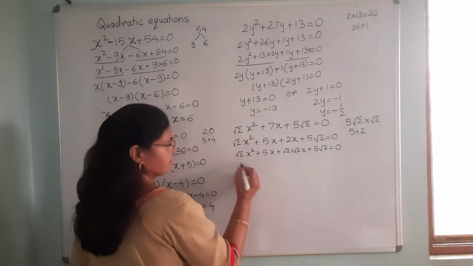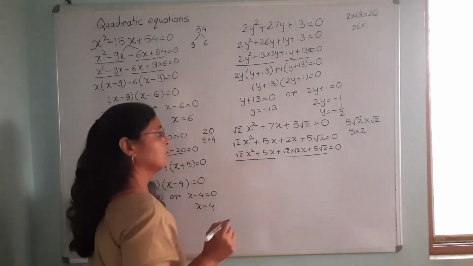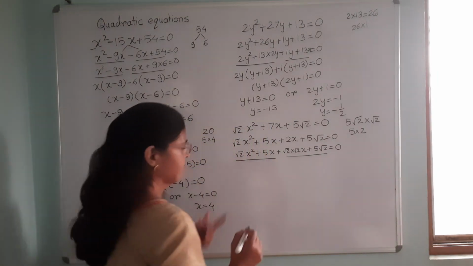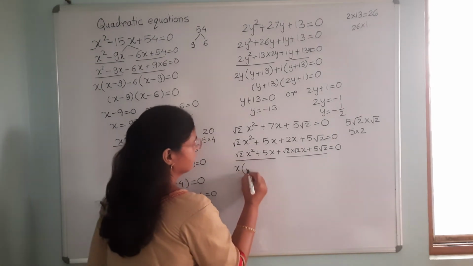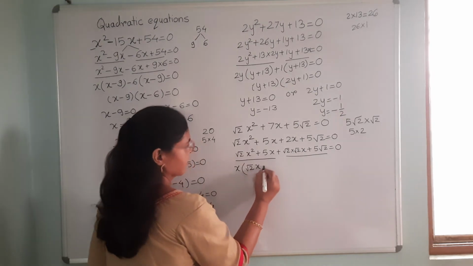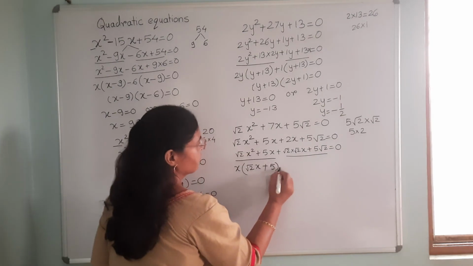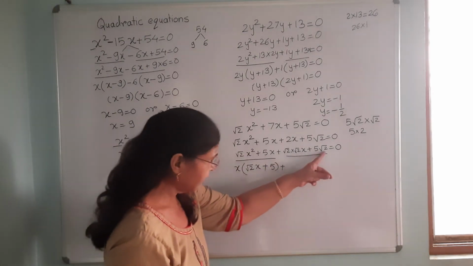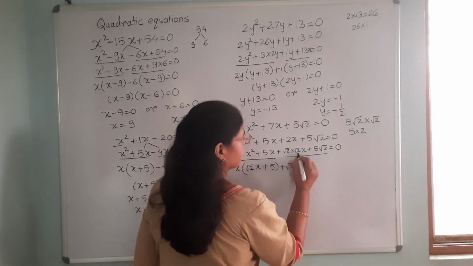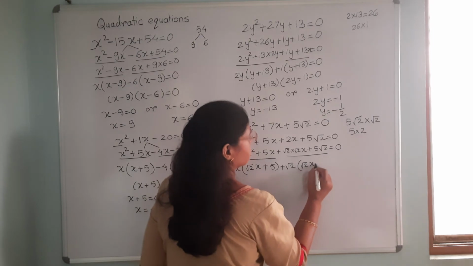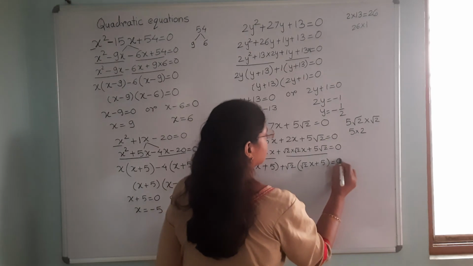There are 4 terms. Then again make groups of 2 terms. Now what is common here? Only x. So take it out common. x is taken common. Here remains under root 2 x plus, x is taken common, so here remains 5. What is common here? Under root 2. So under root 2 in bracket, root 2 x plus root 2 is taken common, so 5 remains here equal to 0.